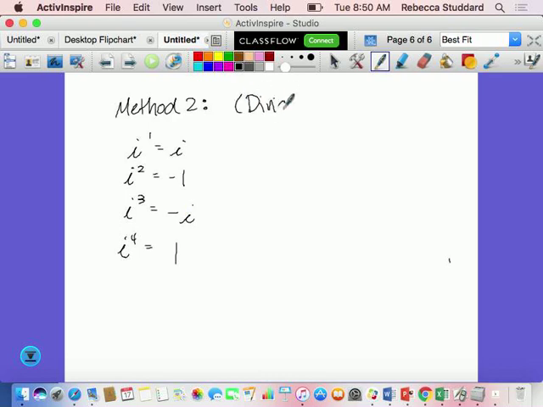But this is what you do in method 2. You divide by 4, and the remainder tells you the power of i.